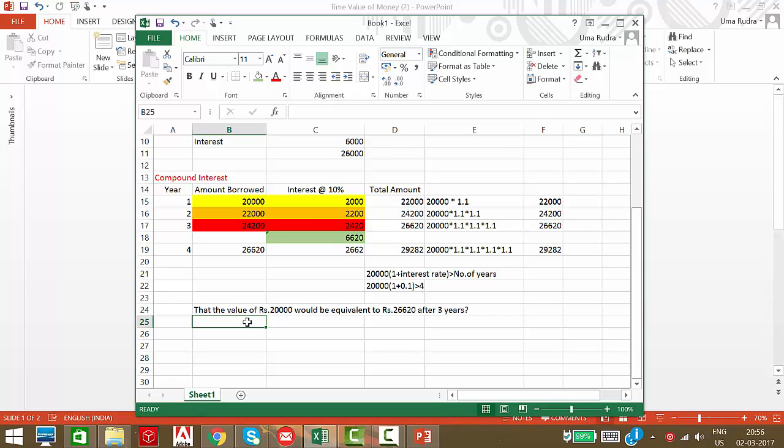If you want to take time till 3 years, then pay me 26,620. Because 26,620 at that time is equivalent to 20,000 today. Am I clear?